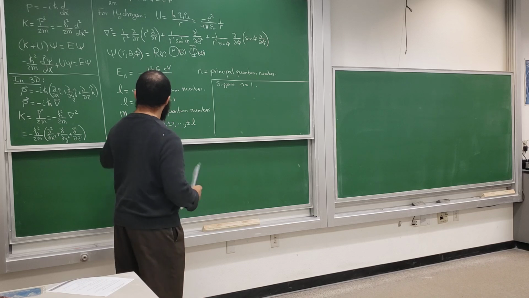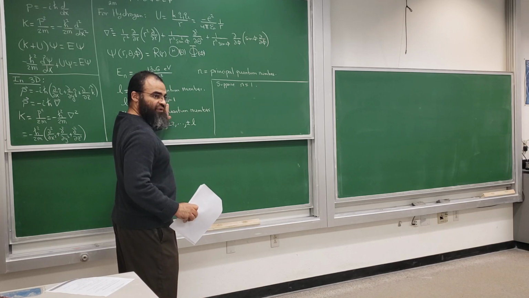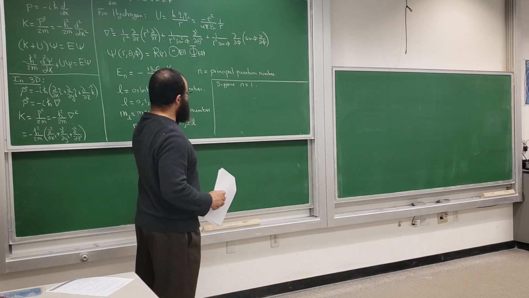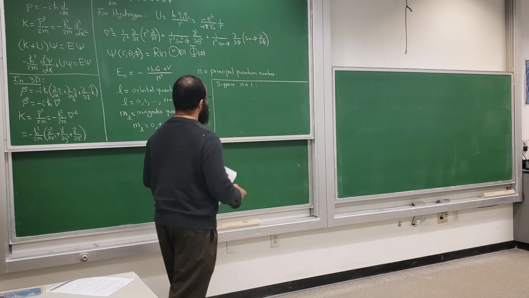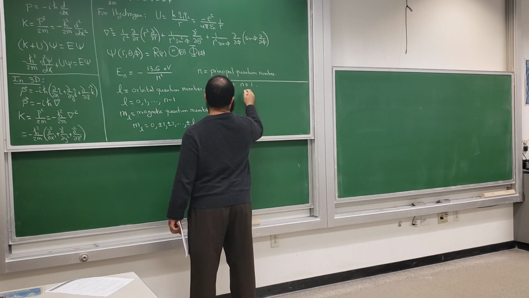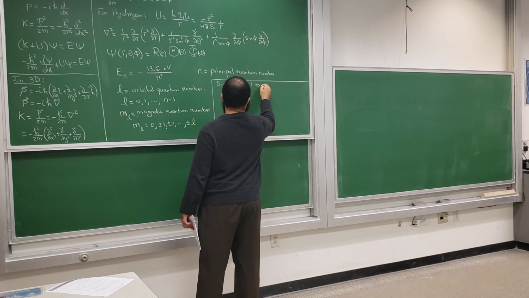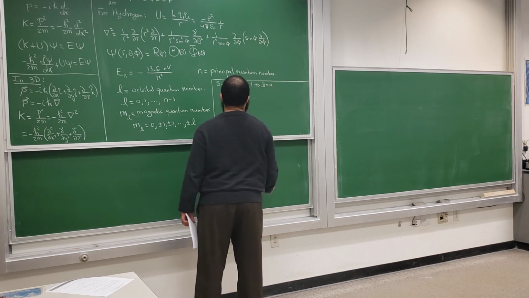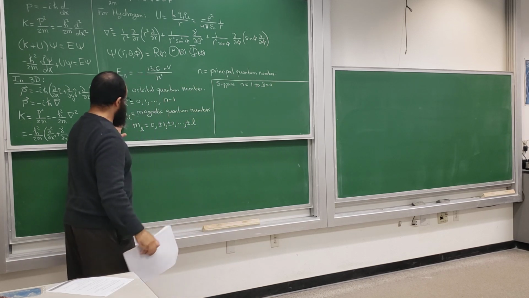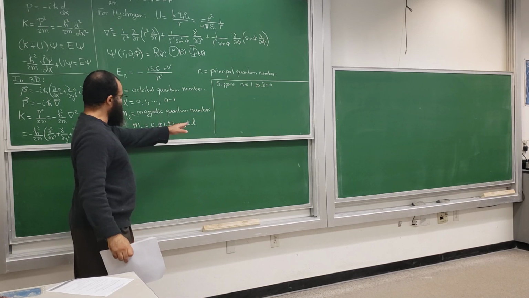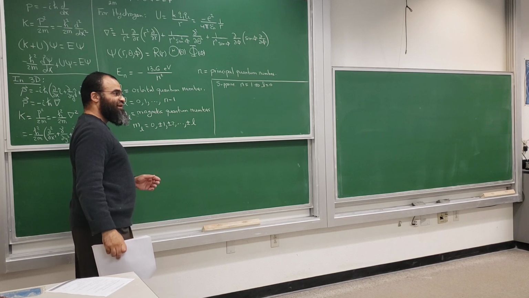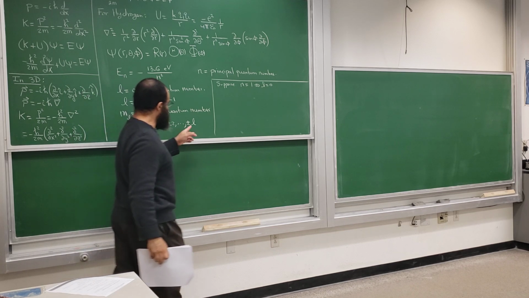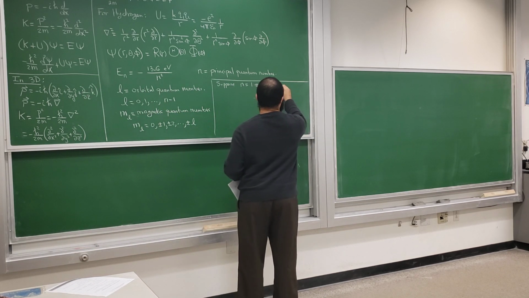Yeah, because l starts at 0 and it could be up to n minus 1. So since n is 1, it can only be 0. So this means l is equal to 0. How about m_l? From 0 all the way to plus or minus l. So since l is 0, m_l is 0, right?